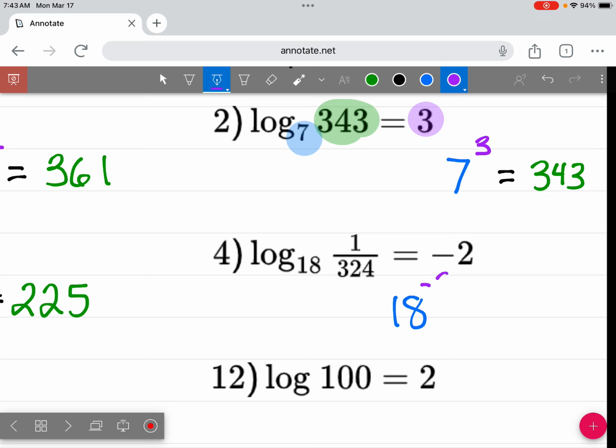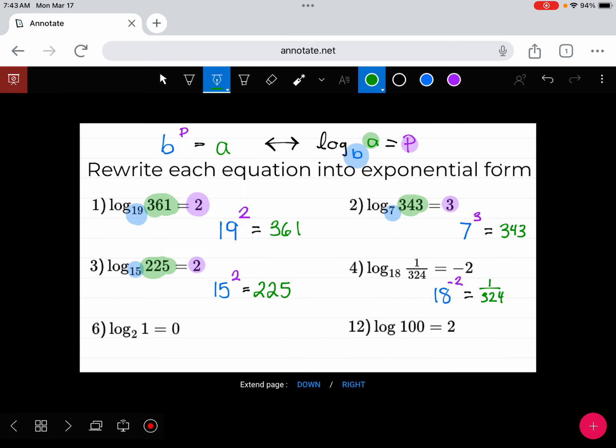To negative 2. 18 to the negative 2 equals our fraction, that 1 over 324. And you can type that in the calculator and see that that is in fact true. 18 to the power of negative 2 is 1 over 324. Just like 7 to the third is 343. These are true statements.